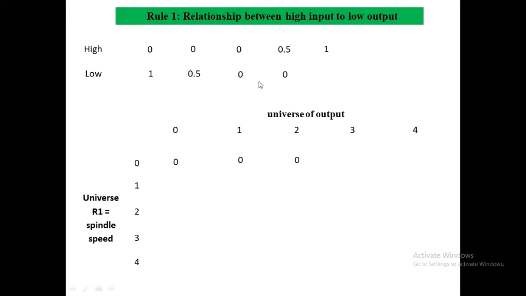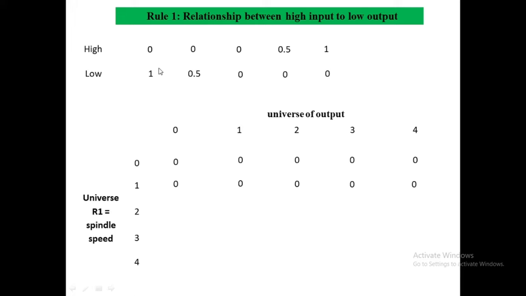The product of those two comes out as zeros. What about 1? Okay, so now I consider the first high input, 0, with the low outputs. 0 into 1, 0. 0 into 0.5, 0. 0 into 0, 0. Again 0 into 0, 0.